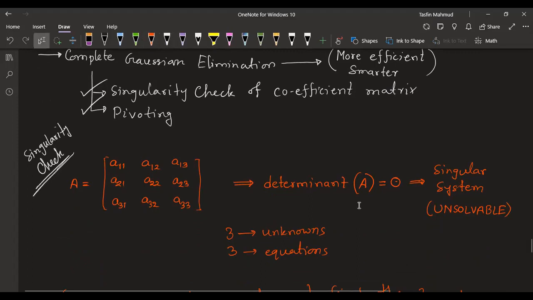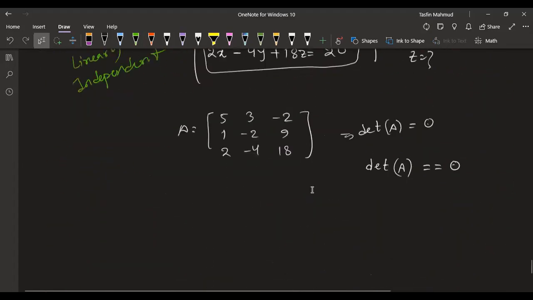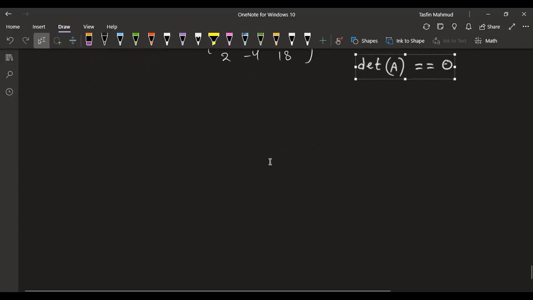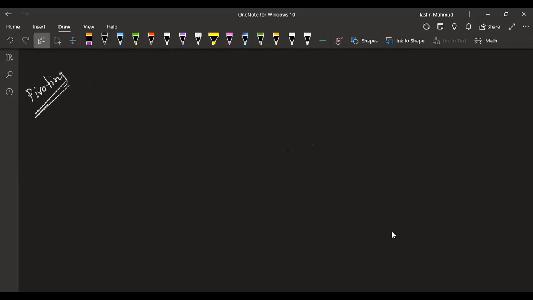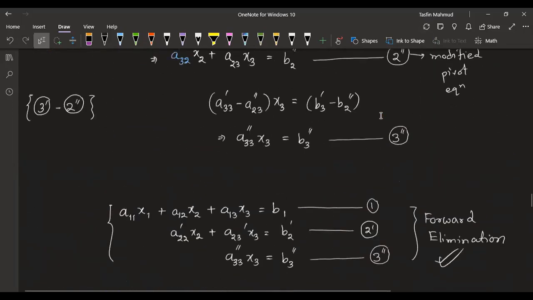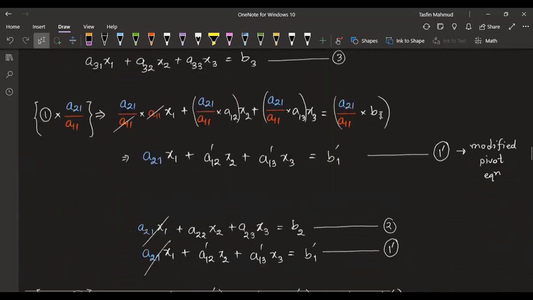Now we will discuss the pivoting step. The pivoting step actually deals with a different case. If you can recall, in our Gaussian elimination, we divided the equations by the pivot elements, right?